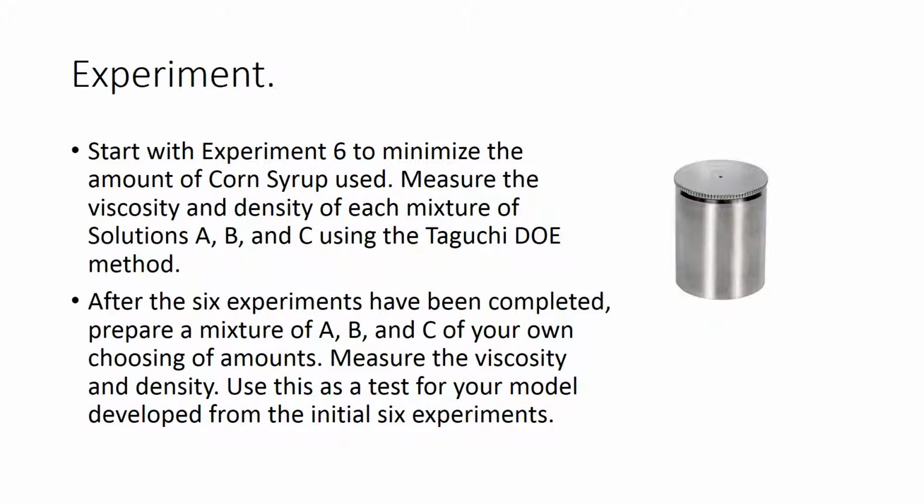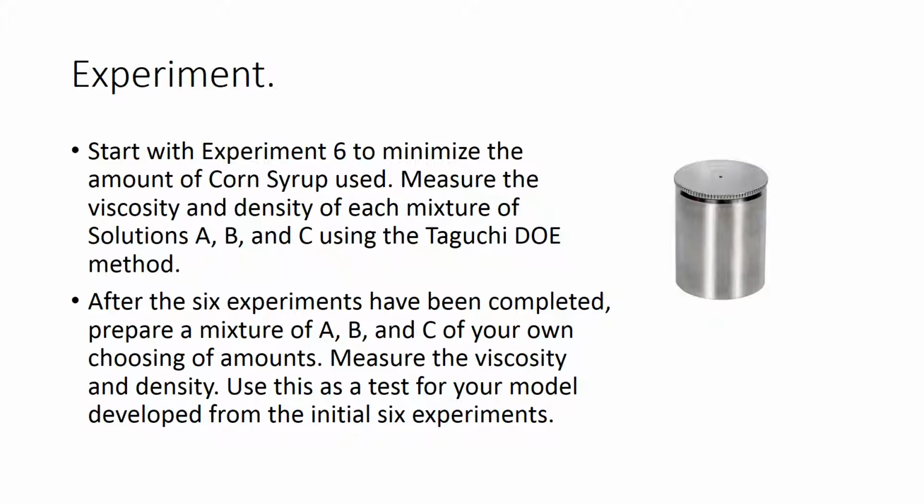The density is actually measured in a density cup, which is depicted on the right hand side of this slide. It's of a known volume, and you put in the solution and then measure the mass of the solution, and you can calculate the density.